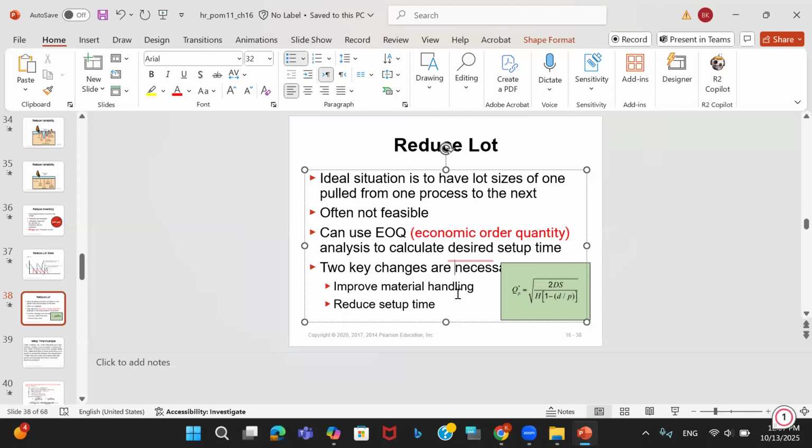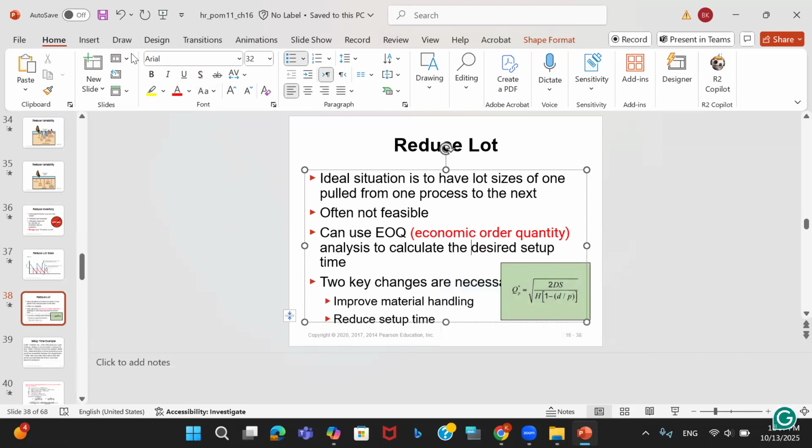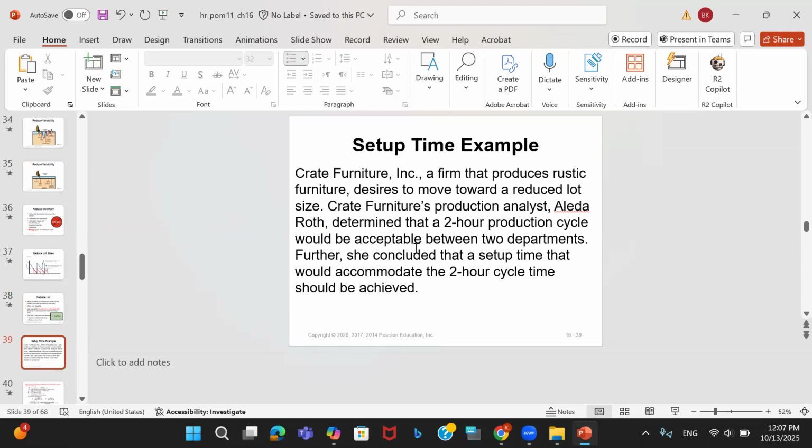Okay, this will require changes necessary to improve the material handling and reduce setup. Our goal is to reduce the setup time. Okay. So this is an example here where we have a firm that produces furniture and they want to move toward the reduced lot size.